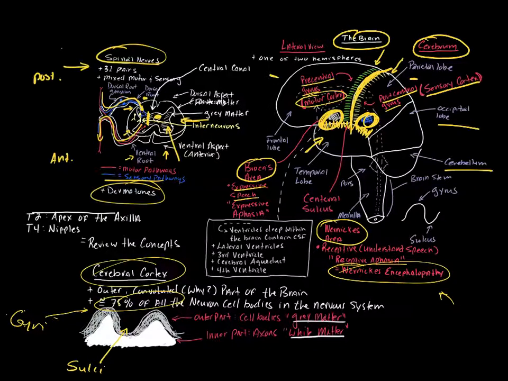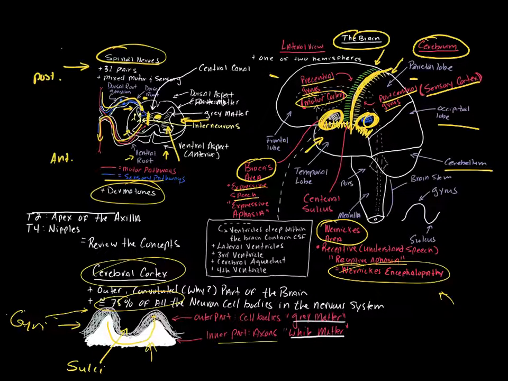The outermost part of the cortex contains the gray matter, so all the cell bodies are on the outside. And then the innermost part contains all the axons, and that makes sense, right? You have your cell bodies, and then they can communicate with other areas. And so what you're seeing with that white matter are the axons, and then you're seeing the cell bodies. You guys cool with that? So far, so good? Okay.